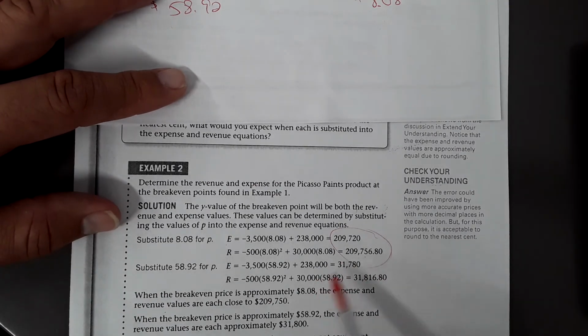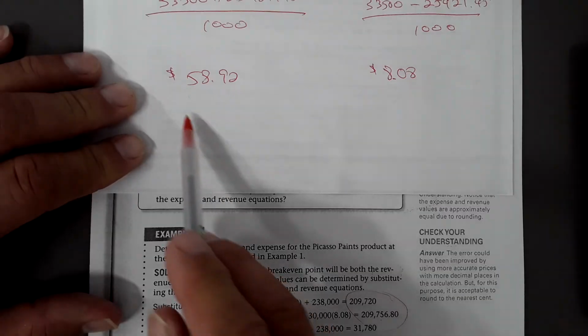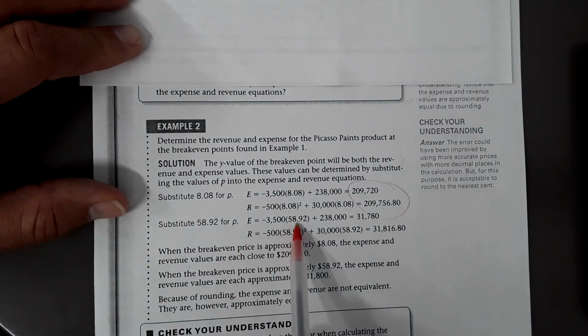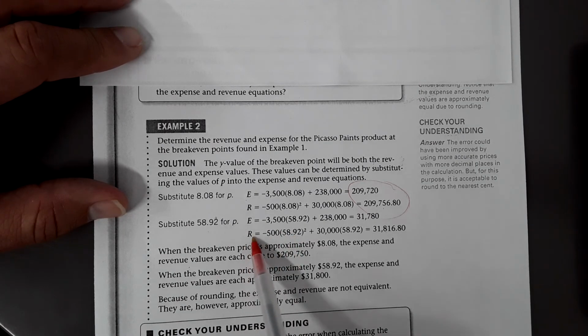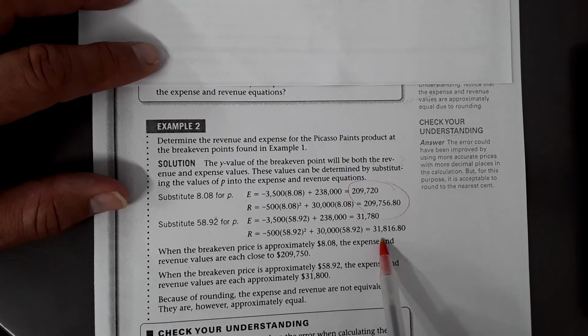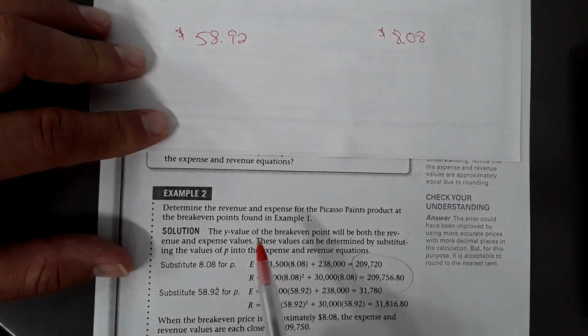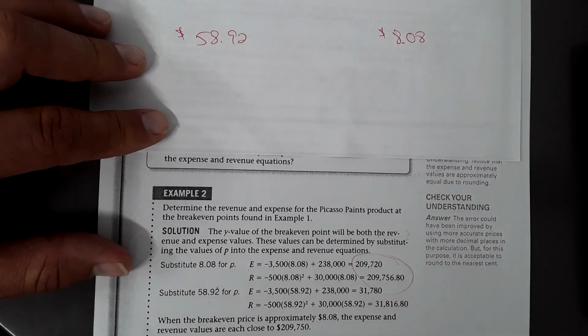So the expense and revenue function for the other break-even point, which was $58.92, when you plug that into the expense function and to the revenue function, this is what it comes out to be, $31,780 and $31,816. So this is within $36 of each other. So you can see that these two prices are the actual break-even points between their expenses and their revenues.